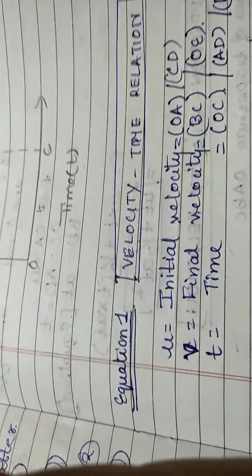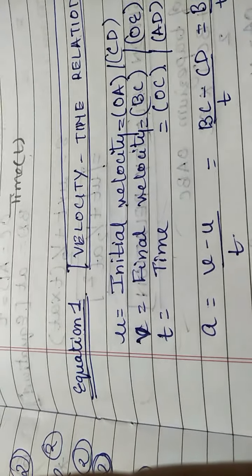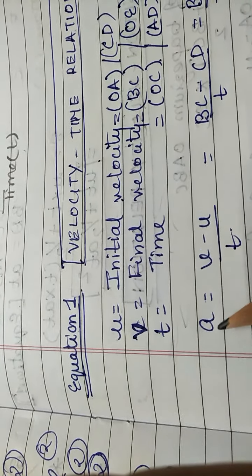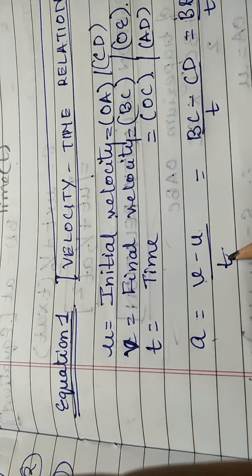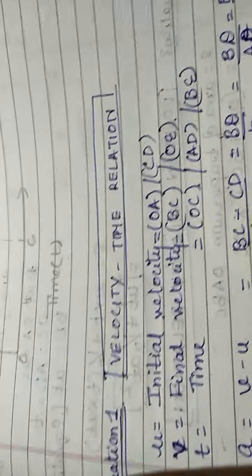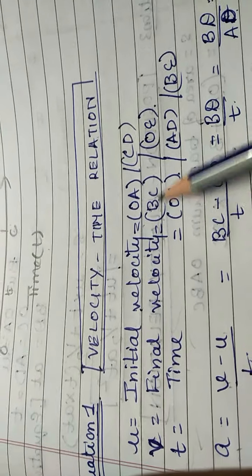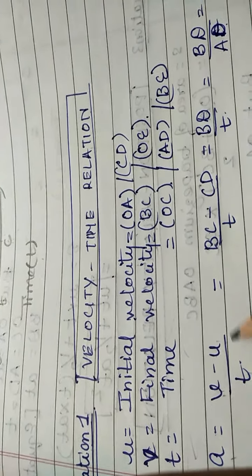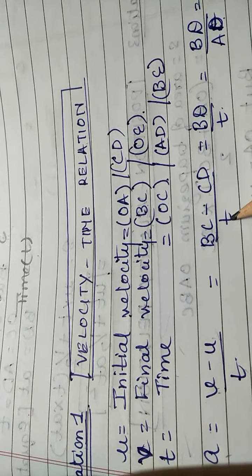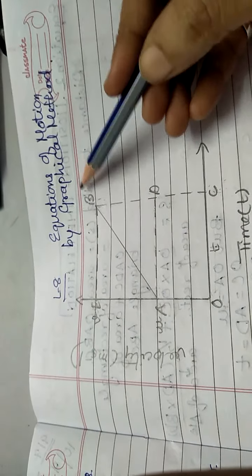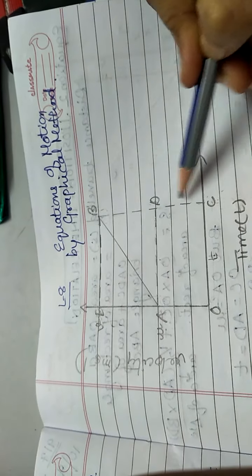Now we'll start with the first equation. We all know that acceleration is final velocity minus initial velocity upon time taken. V is equal to BC, u is equal to CD, upon t. In the diagram, this is BC, this is CD.